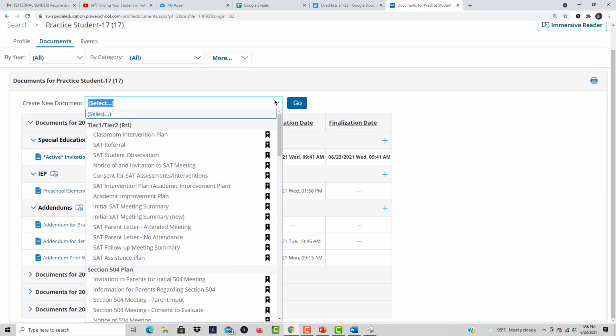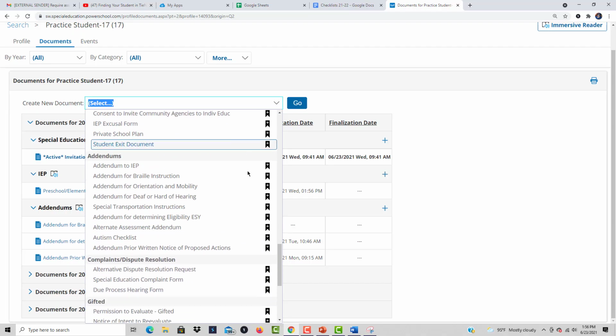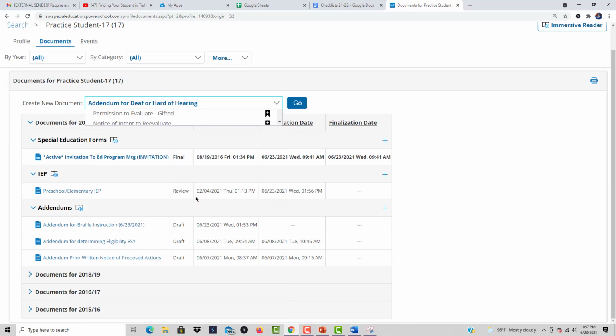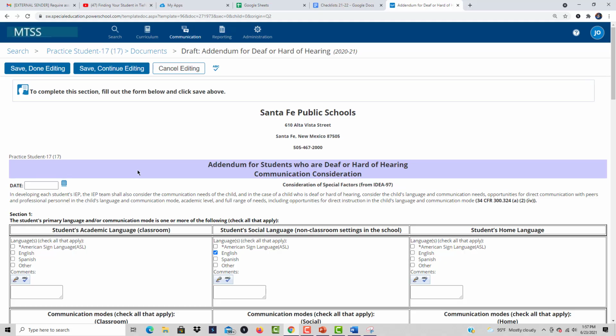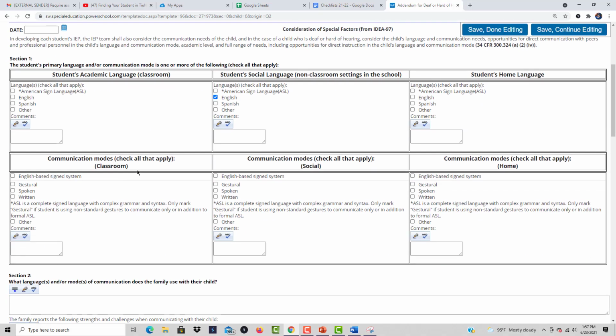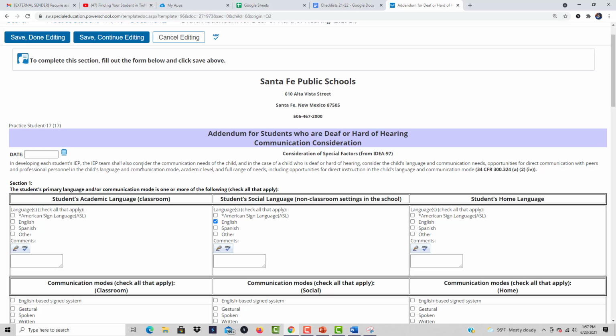Go back, go to Addendums, Addendum for deaf or hard of hearing, and then we have a lot of information that we can use to consider in our programming for the student.